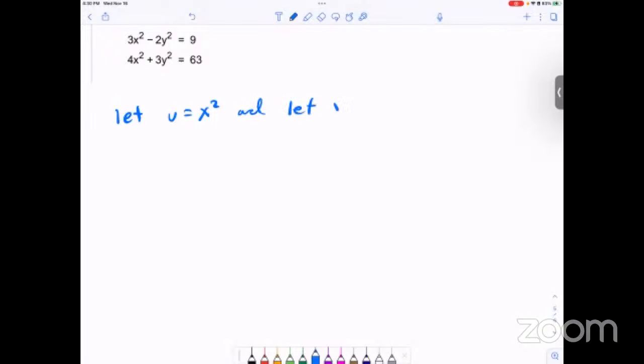Then if we make those changes, we're going to have 3u minus 2v equals 9. Then we're going to have 4u plus 3v equals 63.